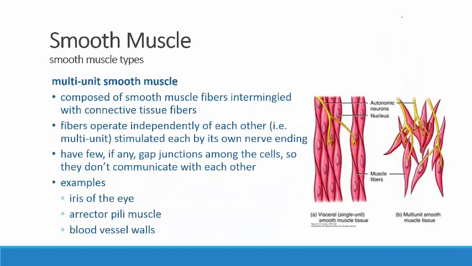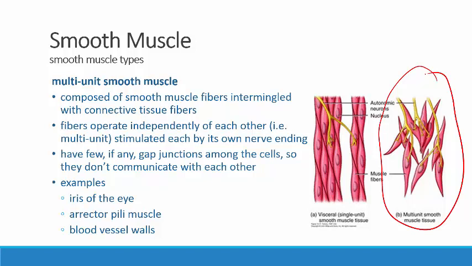So smooth muscle can be classified into one of two groups. There's what is called multi-unit smooth muscle, where each fiber operates independently of the other fibers. This image here is showing multi-unit smooth muscle.